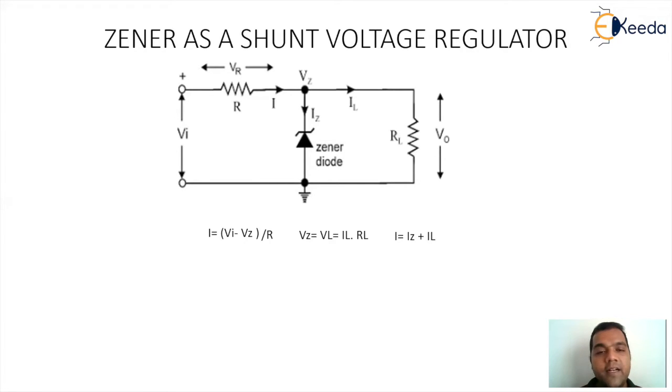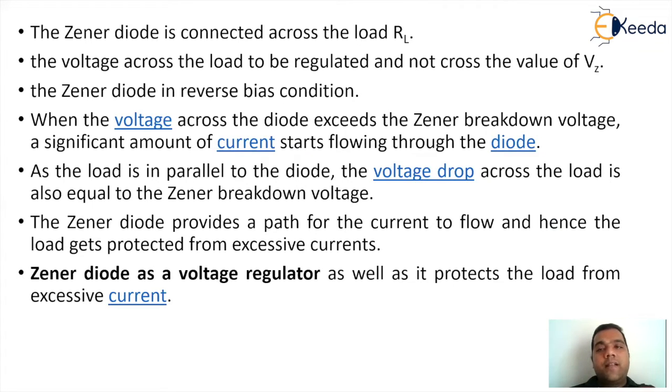So we can easily define the value of I as (Vi minus Vz) by R. The value of Vz, which is going to be equal to VL, can be taken as IL into RL. And the current sourced by the input, which is your I current, can be split into two parts, that is Iz plus IL. Now we need to understand how the Zener diode actually works like a voltage regulator.